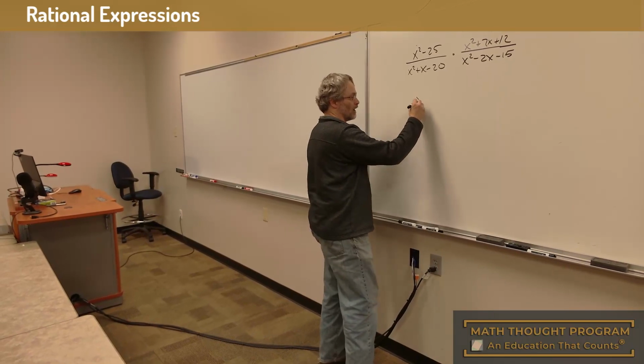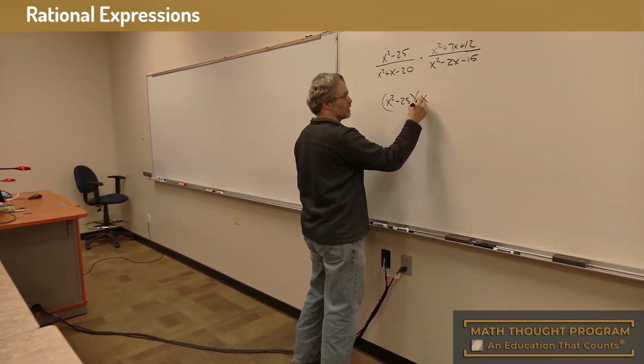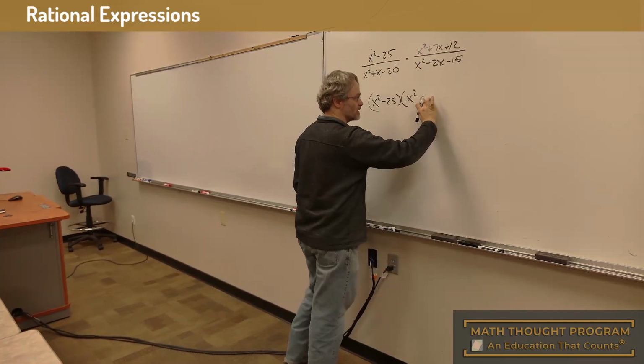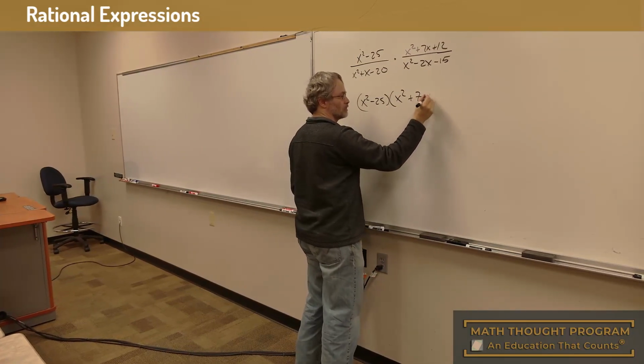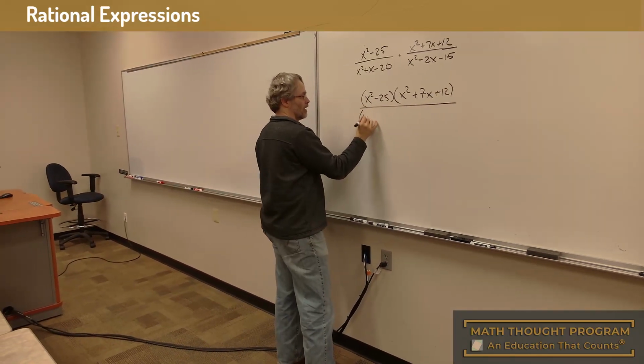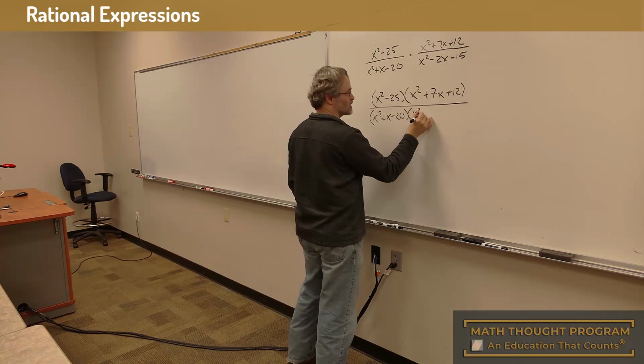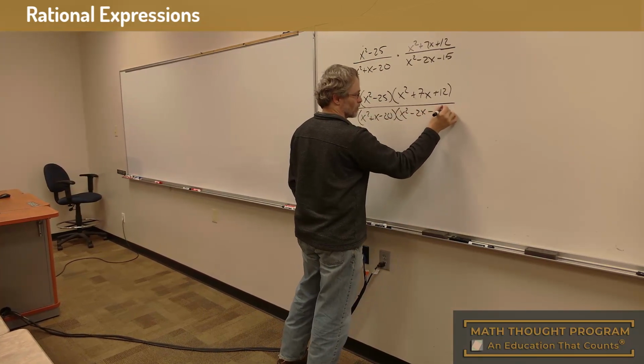So what I'll have here is simply x squared minus 25, x squared plus 7x plus 12, all over x squared plus x minus 20, x squared minus 2x minus 15.